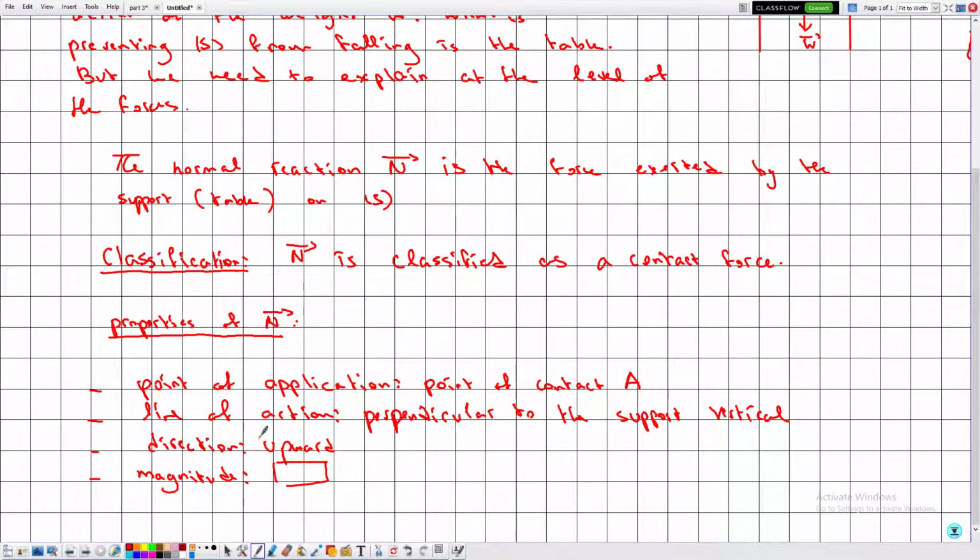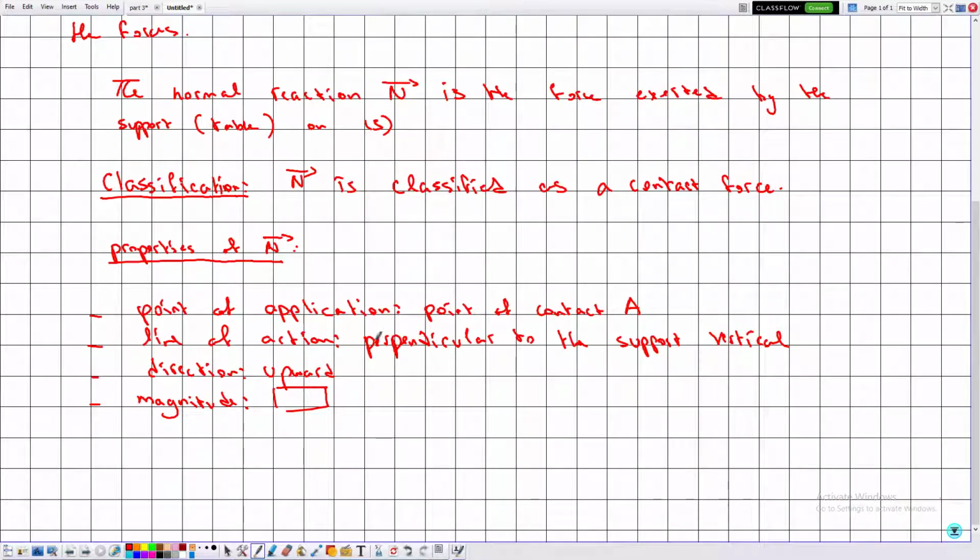Now here, the properties that are always fixed are given by the point of application, which is the point of contact, and the line of action, which is perpendicular to the support. The ones that I have placed in a box change from problem to problem, depending on the problem that you are referring to.